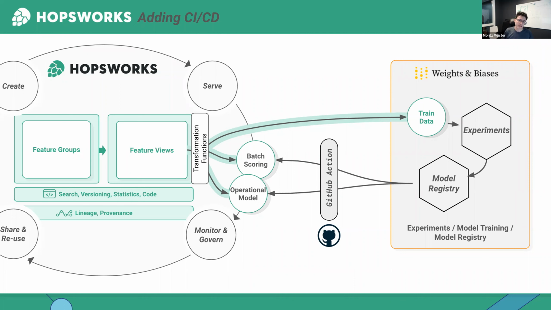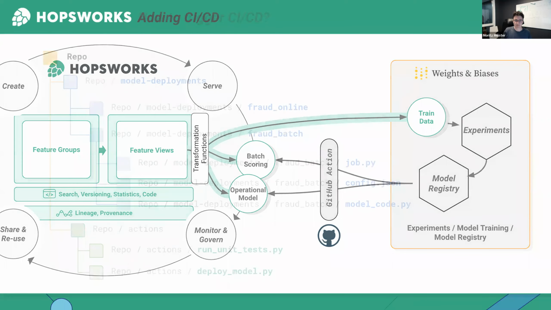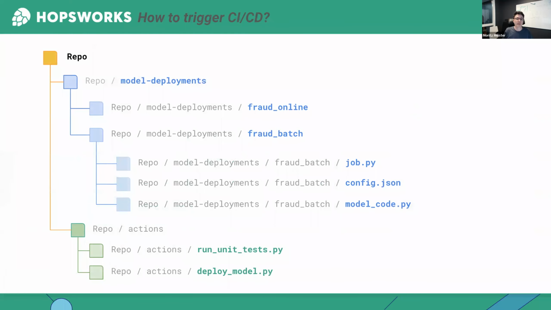There's a lot of ways to use GitHub Actions to automate this process. There's actually no limit to your creativity, I would say. So usually what we see how our customers are using that is that they have a repo which contains all the deployments or contains references to all the deployments in the form of config files or job files.